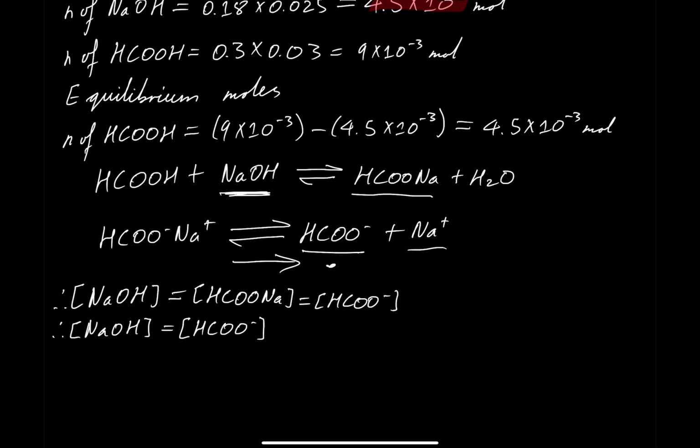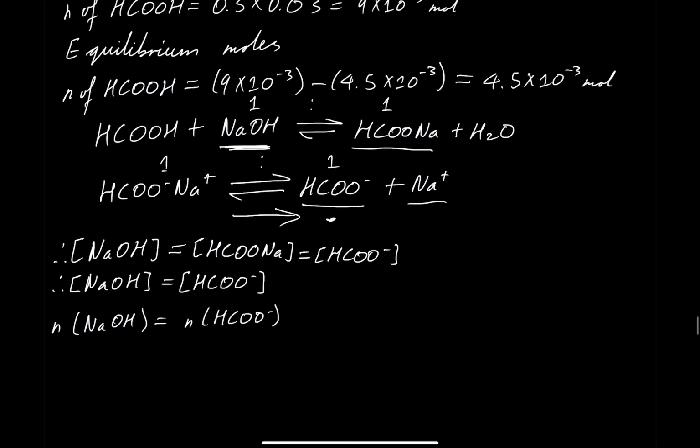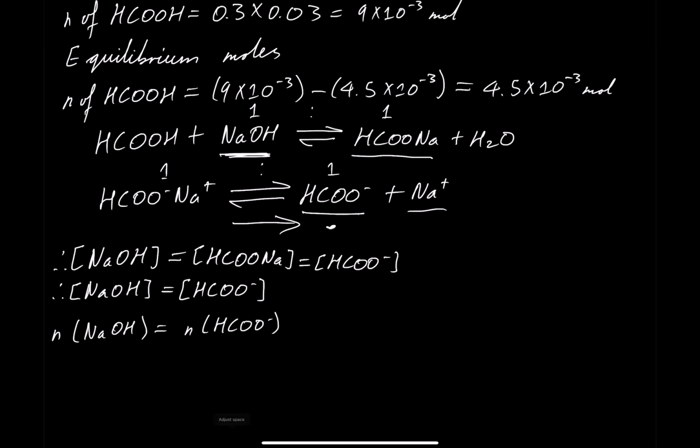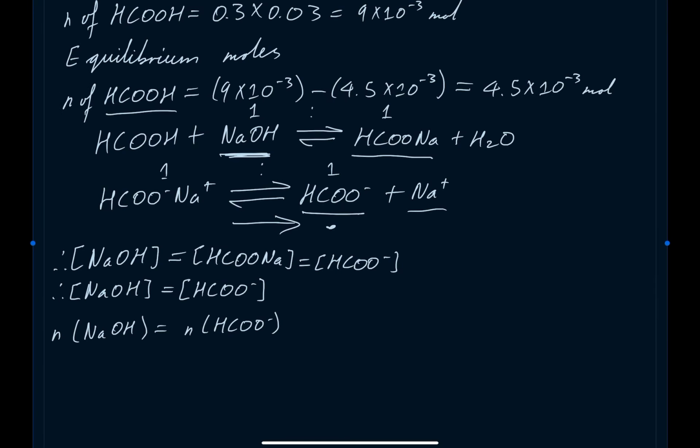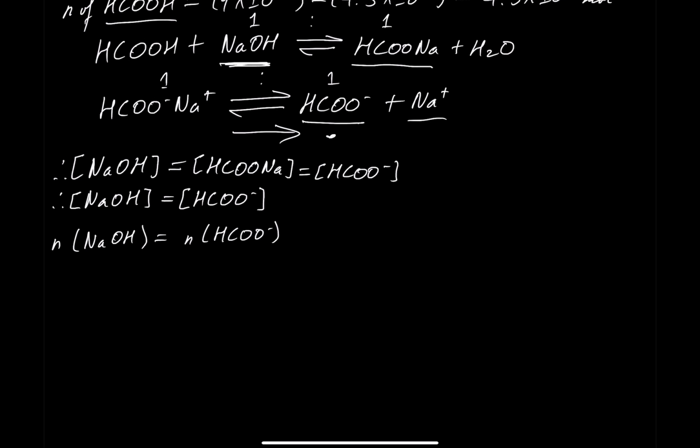And because this is a 1-to-1 molar ratio here and a 1-to-1 molar ratio here, we can also assume that the moles of sodium hydroxide are the same as the moles of our methanoate ion. And this is our equilibrium mole, right? So we already have our equilibrium moles of our methanoic acid and the equilibrium moles of our A minus.